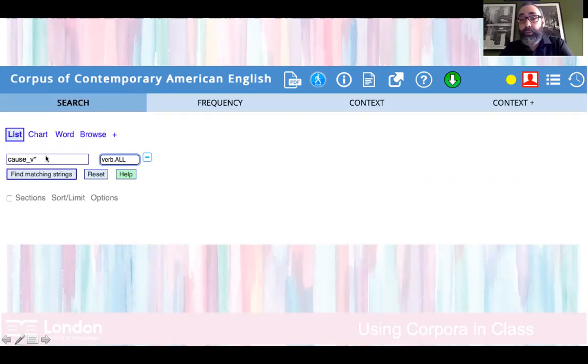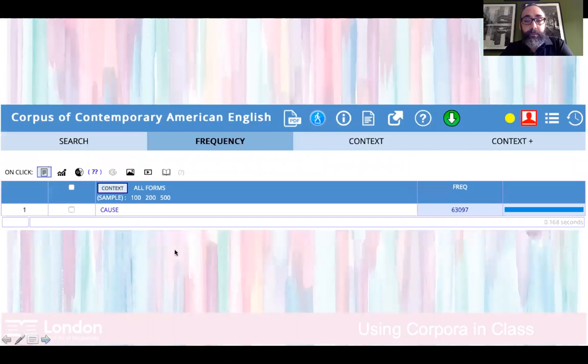And in this case, I want to check cause as a verb. I say find matching strings, and it will take me here. Cause as a verb, of course, appears 63,000 times. So you see that the number is much lower, obviously. But still, you see that almost half of the occurrences are possibly verbs.